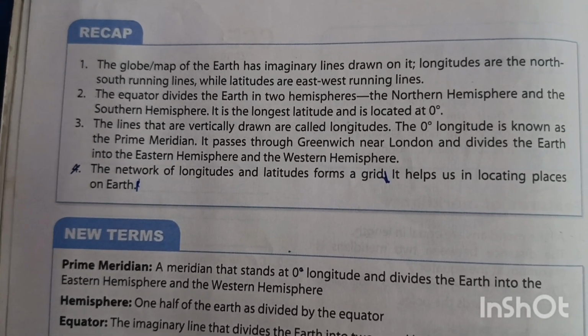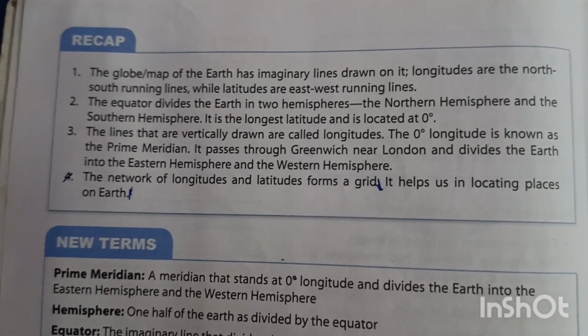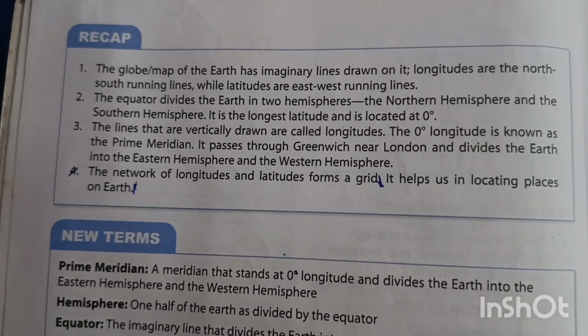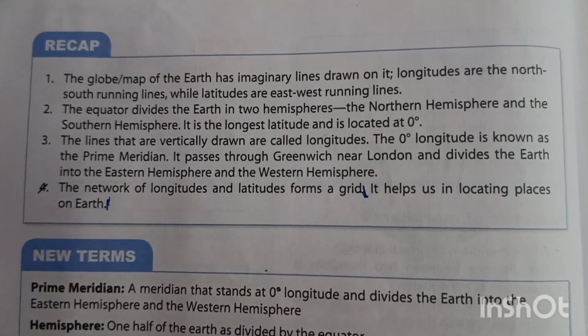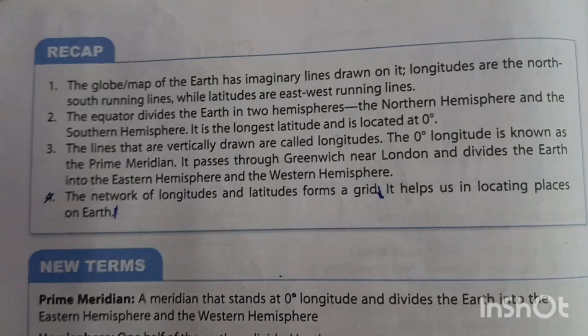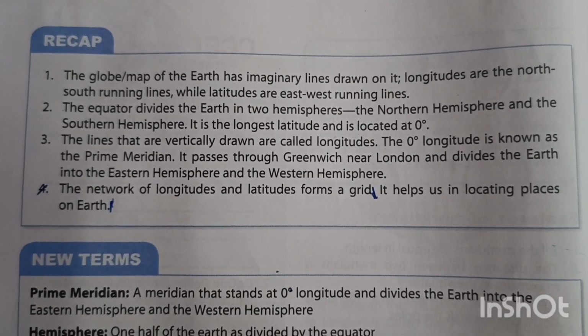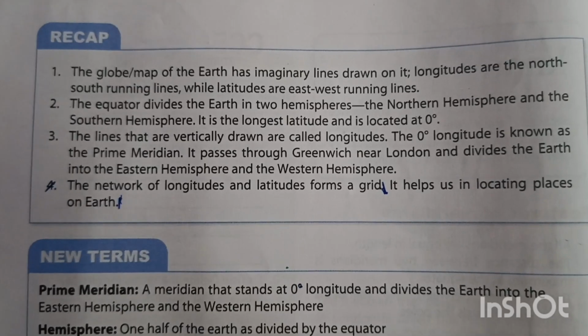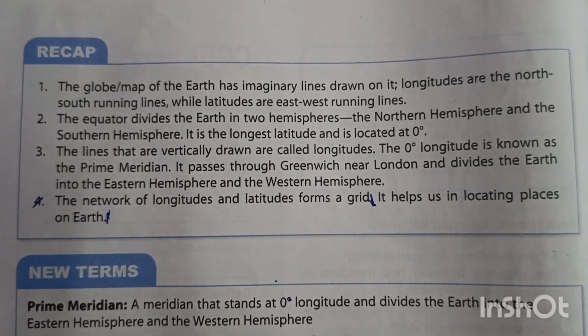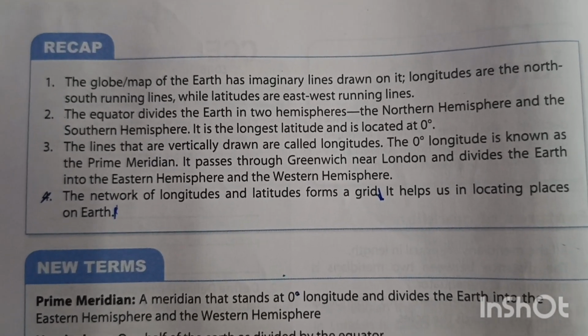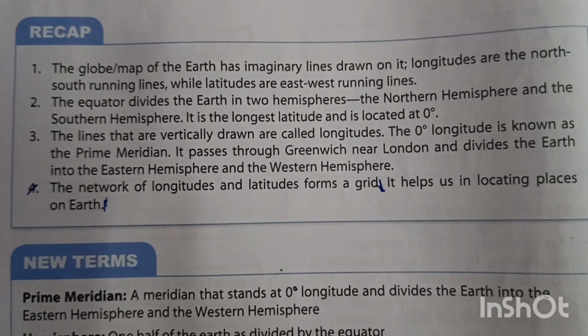It is the longest latitude and it is located at 0°. The lines that are vertically drawn are called longitudes. 0° longitude is known as the prime meridian. It passes through Greenwich near London and divides the earth into eastern hemisphere and western hemisphere.